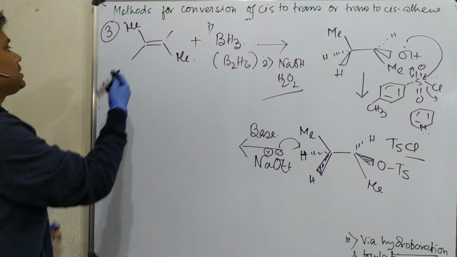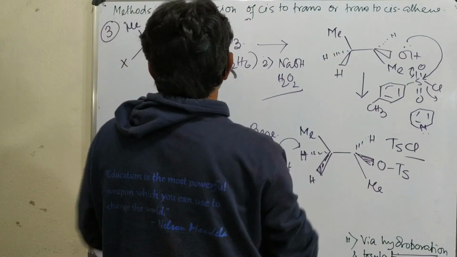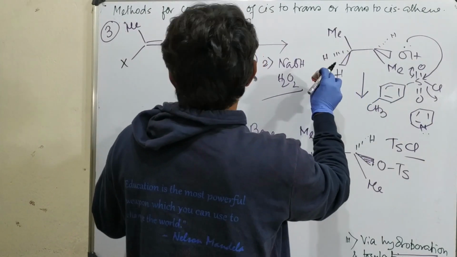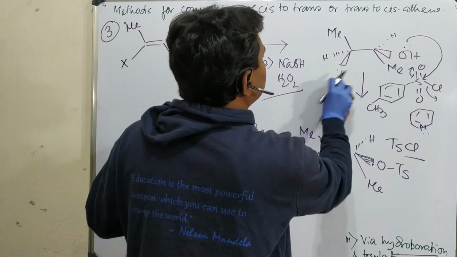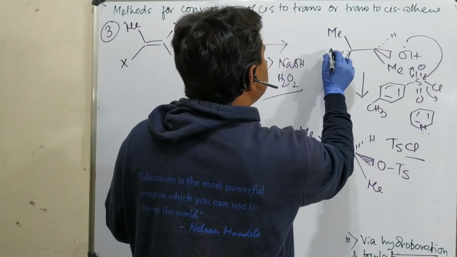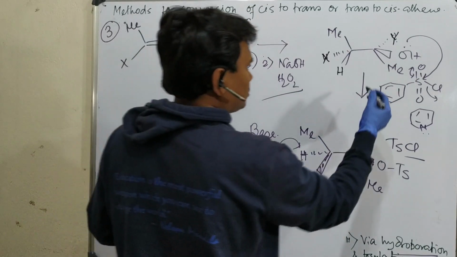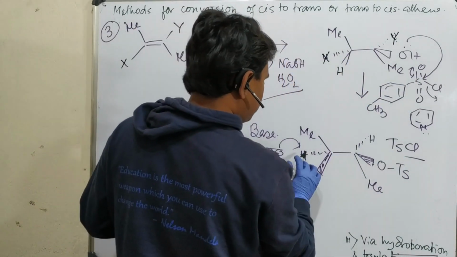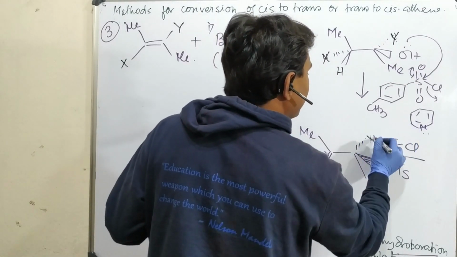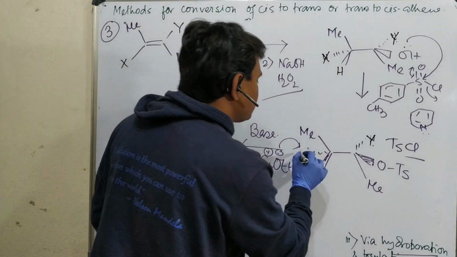For example, this is X and this is Y, instead of this hydrogen, this is methyl, the same side, opposite side. Okay, this is hydrogen, fine. So this is X and this back side is Y. Fine. Now it will be easier. X and Y mean two different substituents.